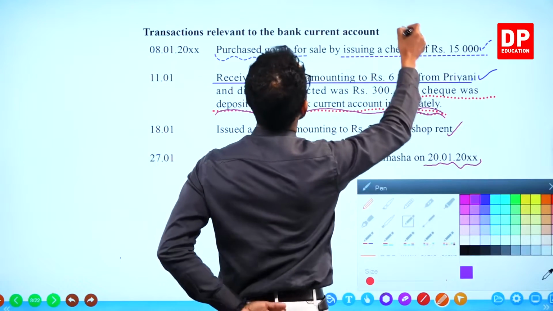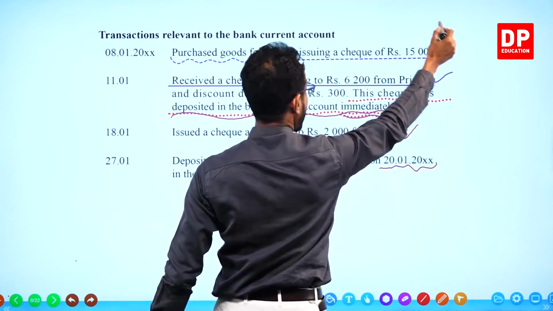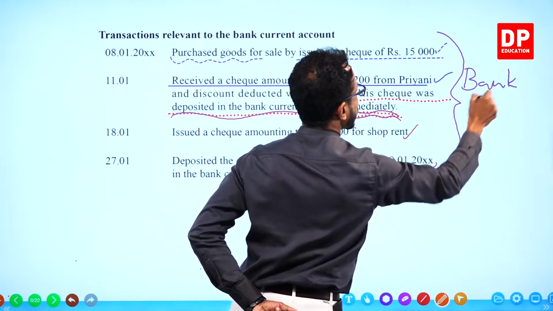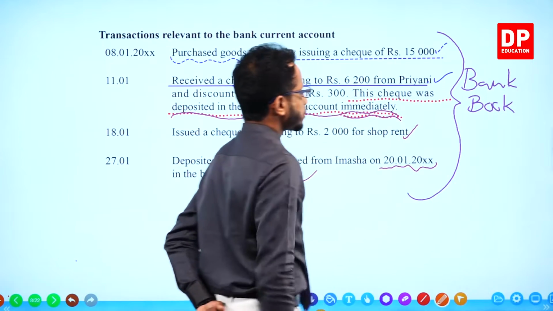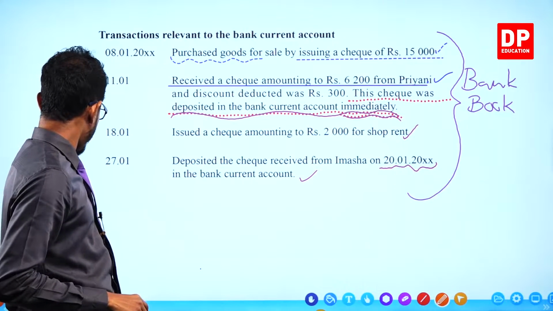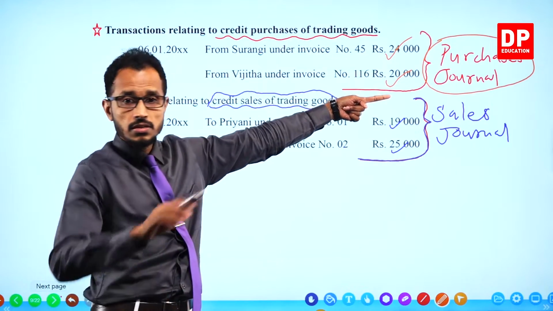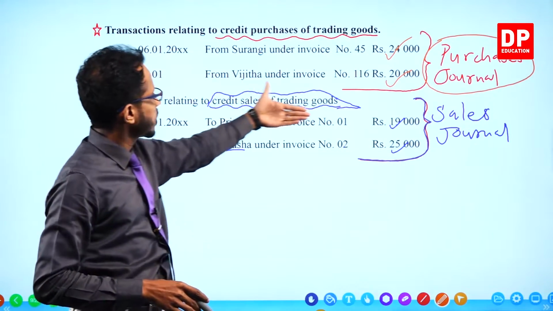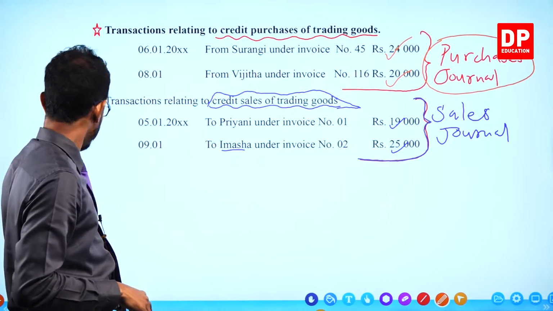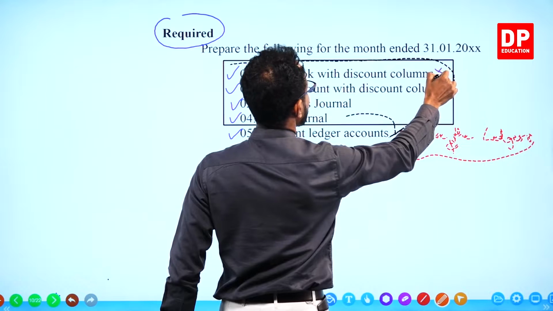Bank transactions, all these are in the bank book. Then we got the credit transactions to the purchase journal, finished, and sales journal, finished.